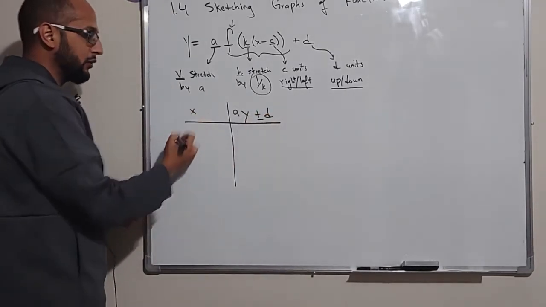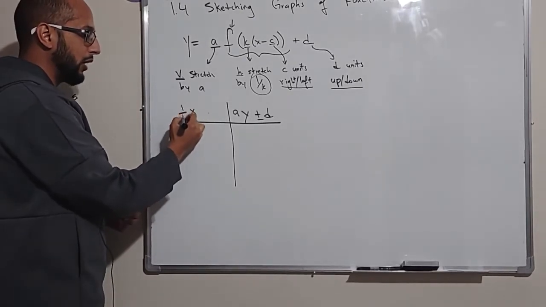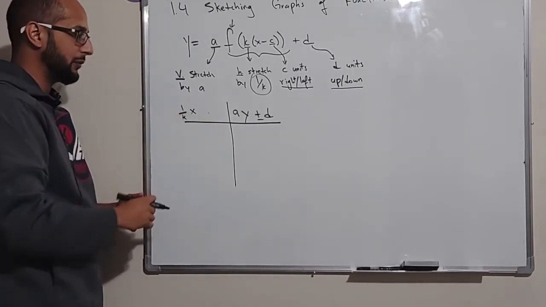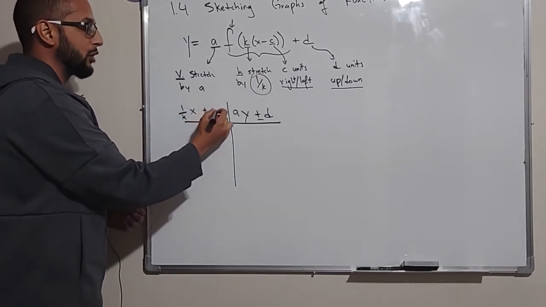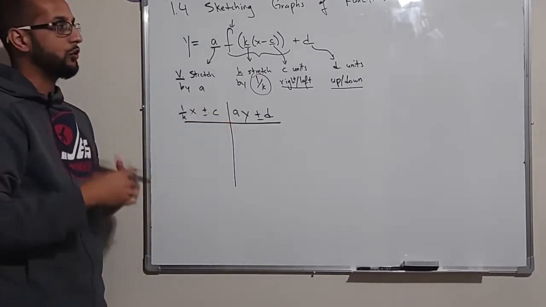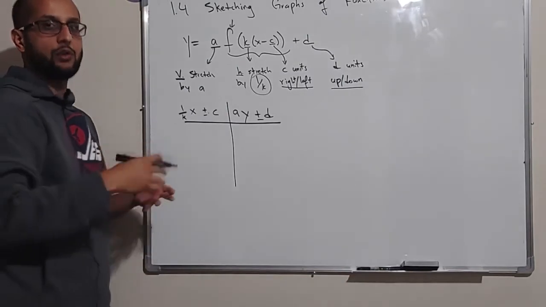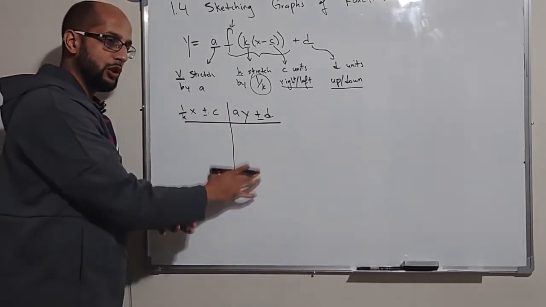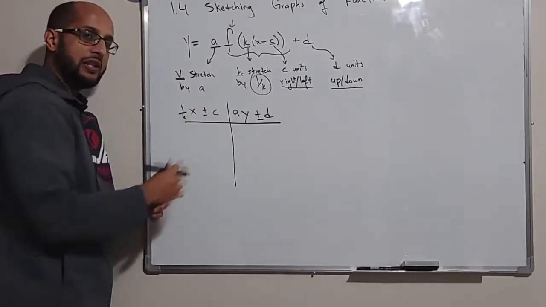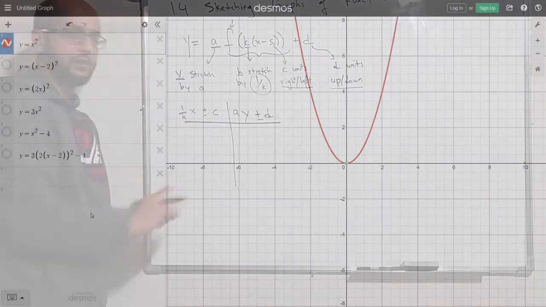For the x values, you multiply by 1 over K, or you can say divide by K, and then you add or subtract the C values. So whatever equation you have, in order to determine what's happening to your table of values, you would just take the base graph and apply these transformations.